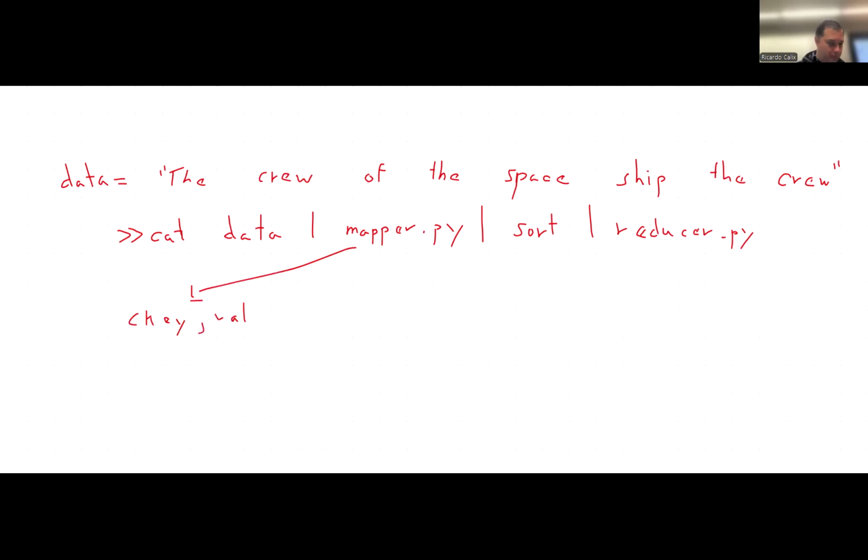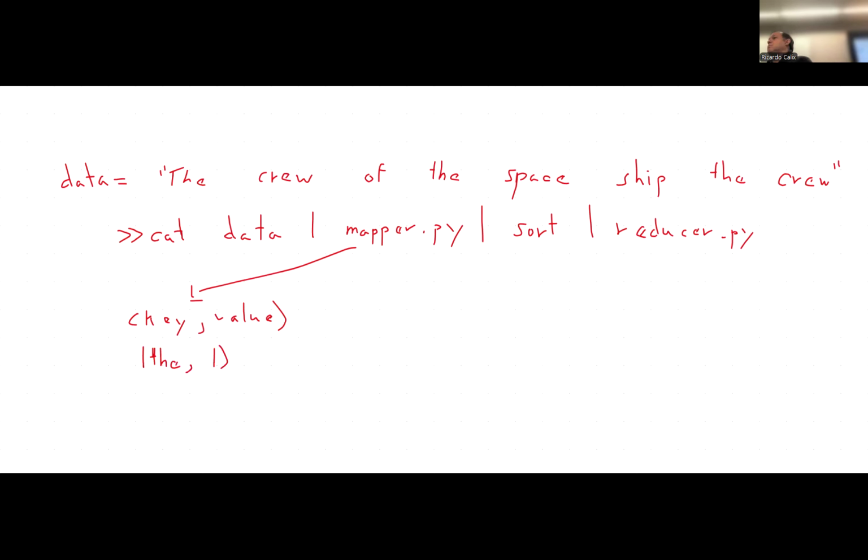So what does it do? The first word is going to be the, comma, one. Essentially, it made the word into the key for this logic, and the value is just one.